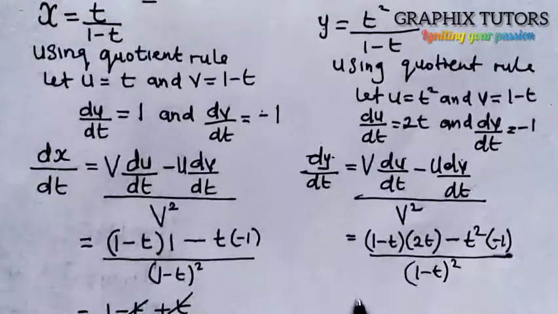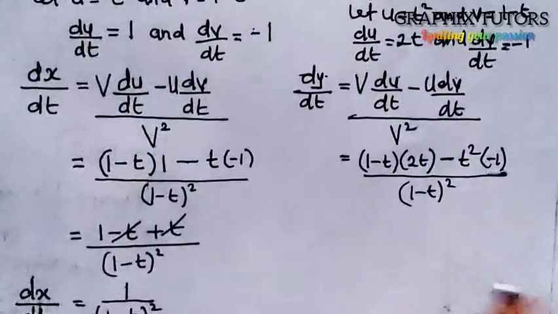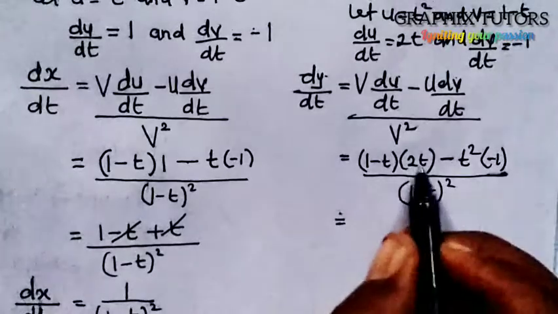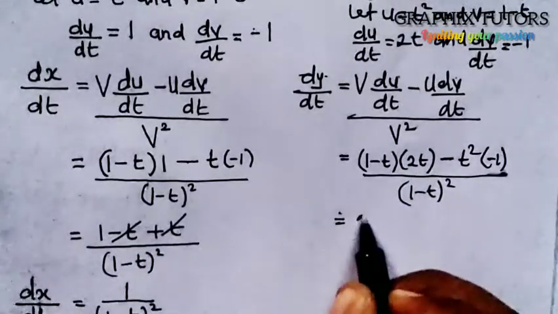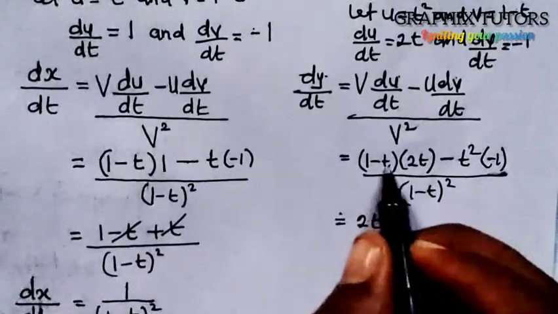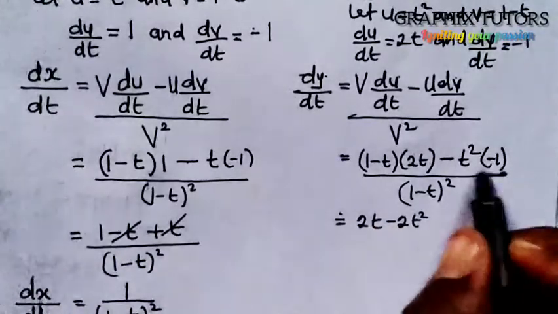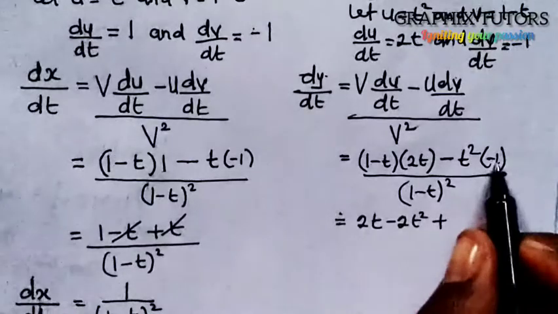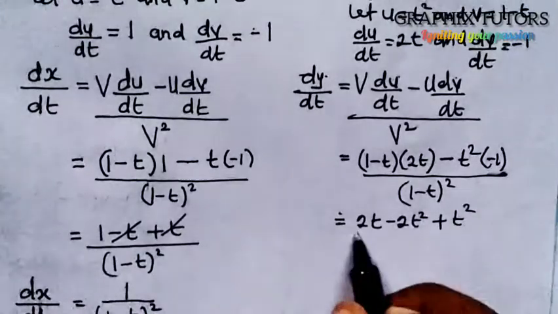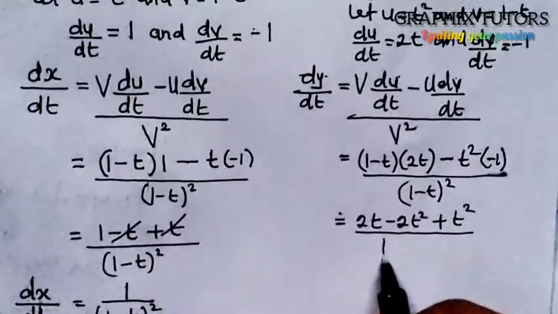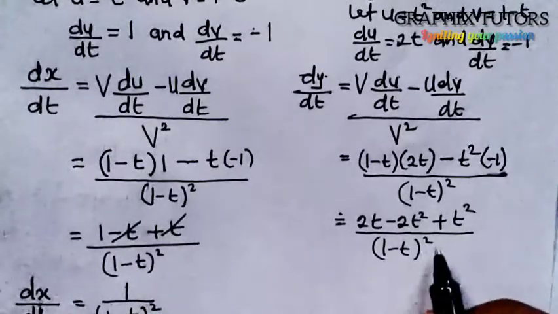Right? So this will now be equals to, if you multiply both of them, 2t times 1 is 2t. 2t times minus t will give you minus 2t squared. Minus times minus is plus. 1 times t squared will give you t squared. Everything all over 1 minus t all squared.